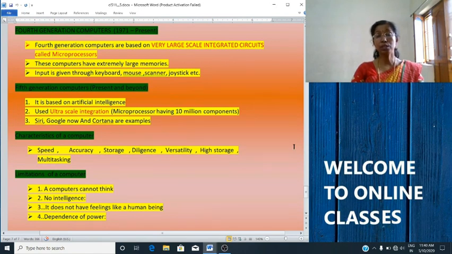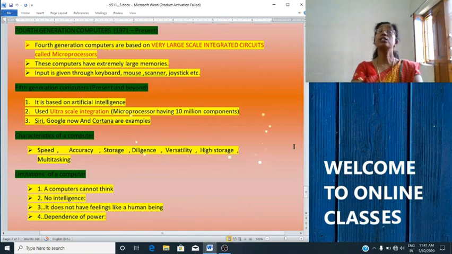Due to the microprocessors, the size became very small, and these computers are capable of storing large amount of data, and input is given through a keyboard, a joystick, mouse, etc., and output can be displayed through monitors, printer, plotter, etc. And these are the devices which you are using now. These are the computers which we are using now.